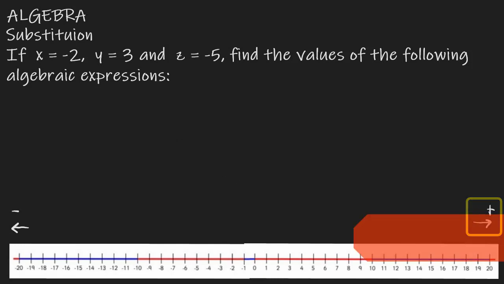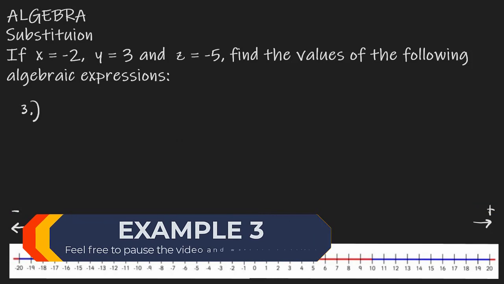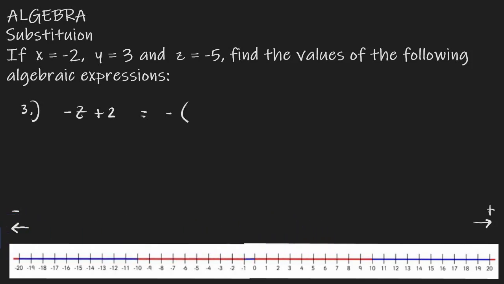So -3 plus 3 is equal to 0. Answer. Number 3, -z plus 2. So this is negative z, which is -5, plus 2. Negative z is -1 times z, so I have -1 times -5. This is equal to +5, because a negative times a negative is a positive, and I'm adding 2.